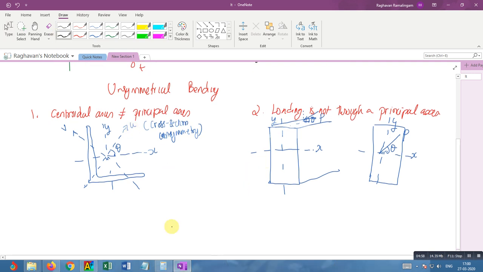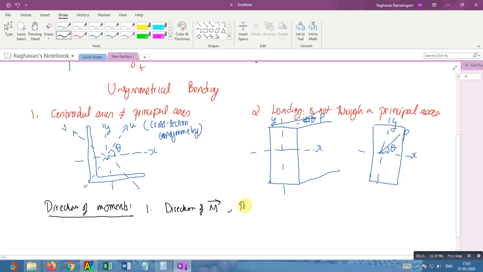Next thing you need to know is how to get directions of moments. The first thing is to get the direction of the moment vector.